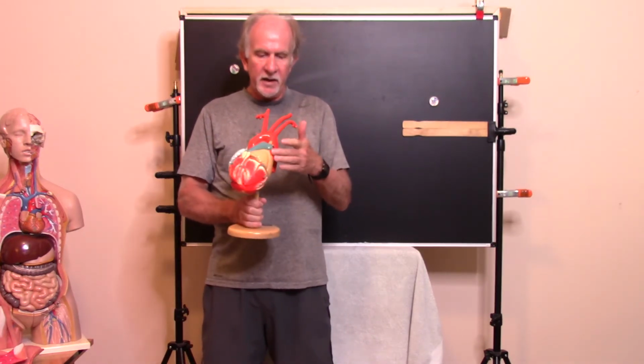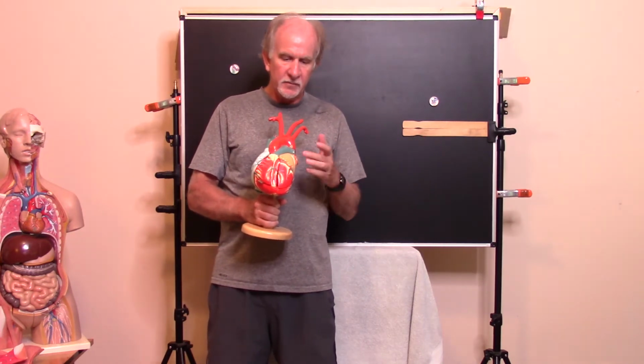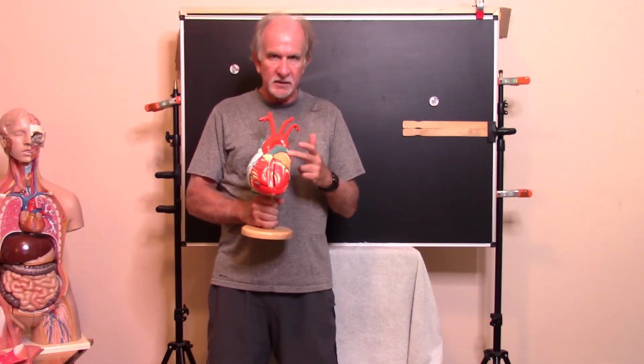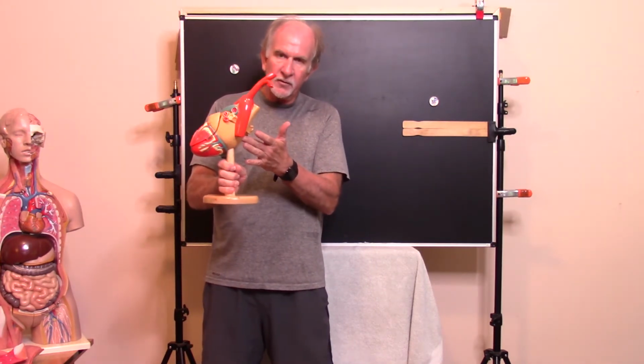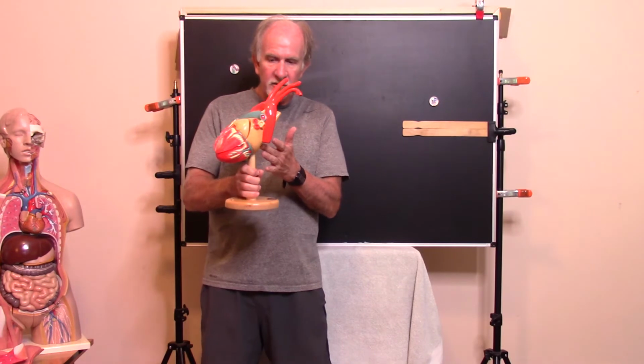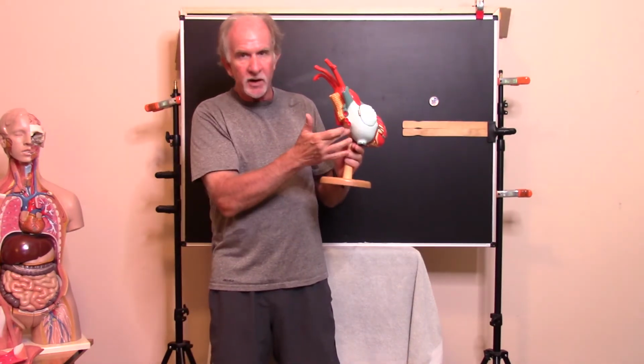So this would be a pair of red-colored pulmonary veins from the left lung going into the left atrium. And the left atrium goes all the way across the back of the heart. And there's actually a portion of the left atrium behind the right atrium.